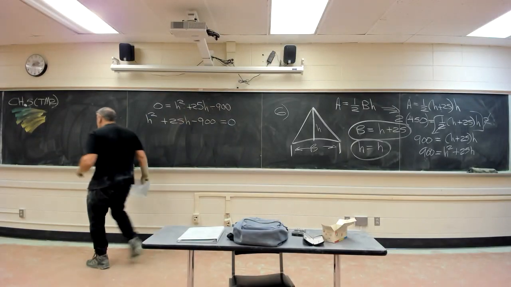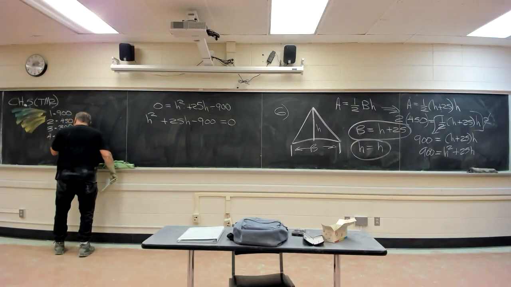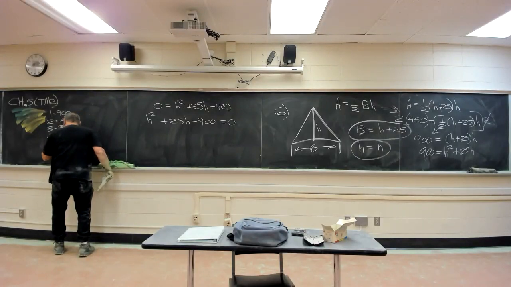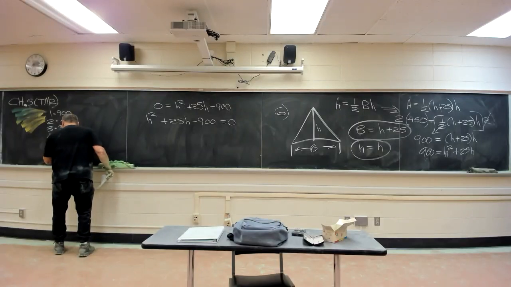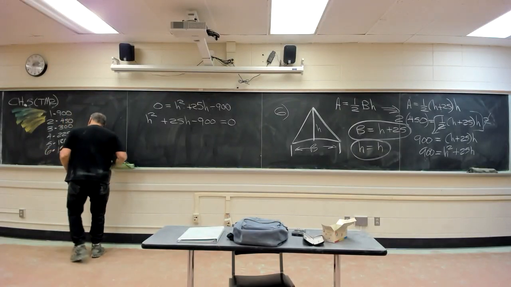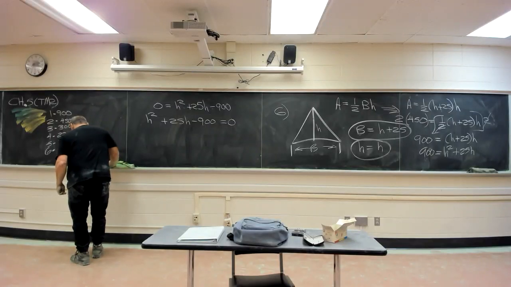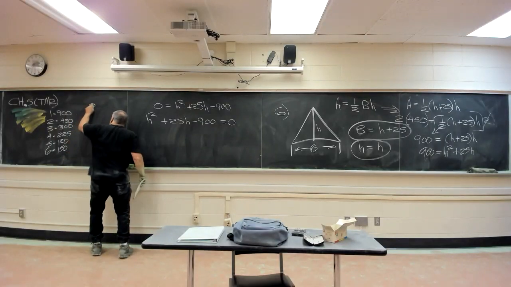We could look at this thing and say, wait a minute. 6 times 150 is that. 9 times 100 does it.